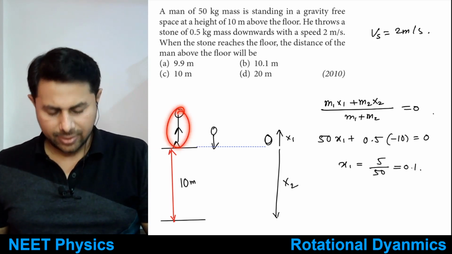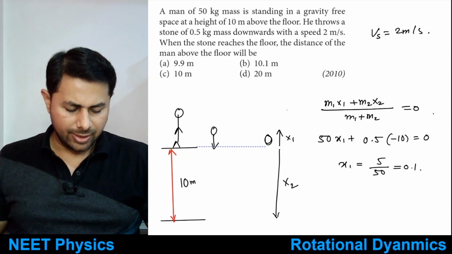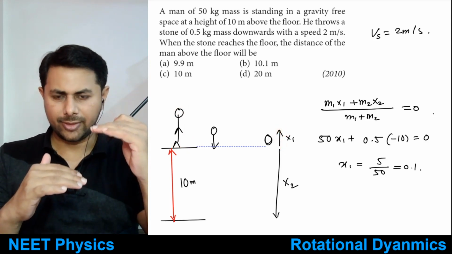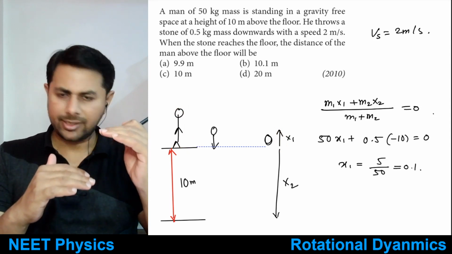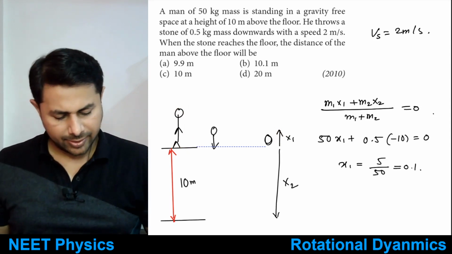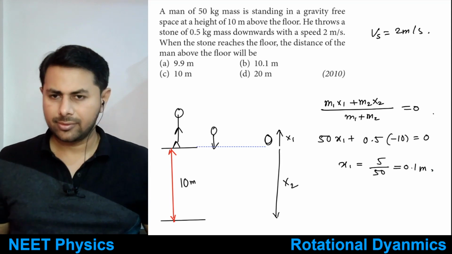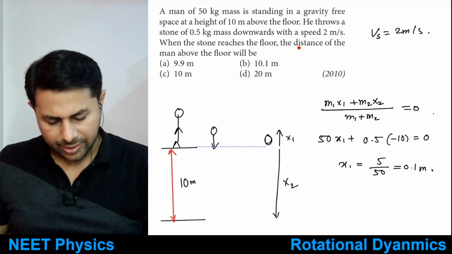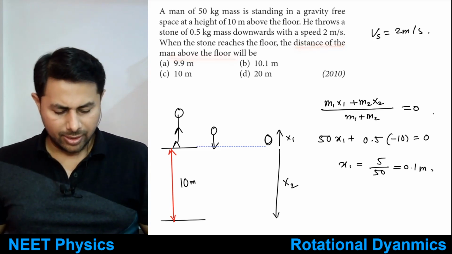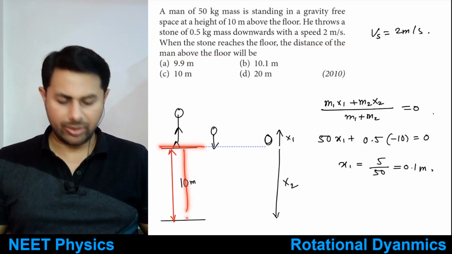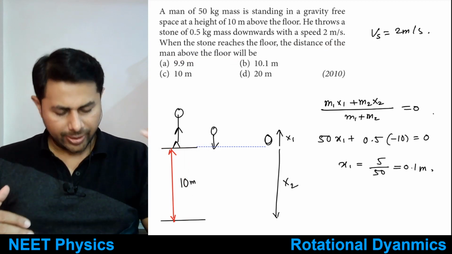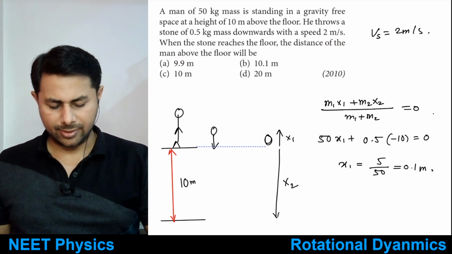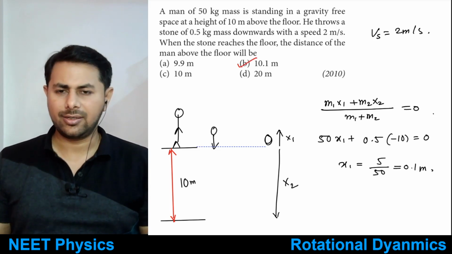The man who was here at this level will move a distance of 0.1 meters upwards. And therefore what will be the distance of the man above the floor now? Earlier it was 10 meters, now it will be 10.1. Okay, this thing is clear.